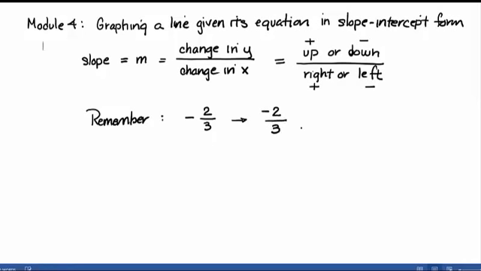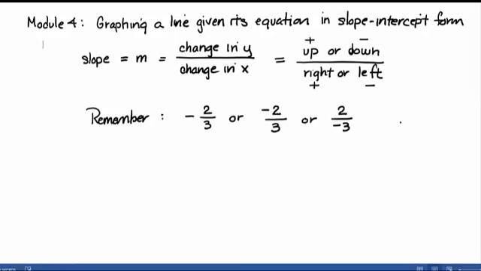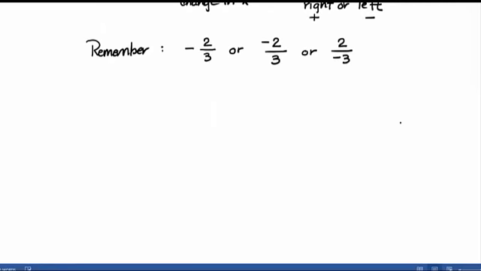So it could be negative 2/3, or positive 2/negative 3... these are all the same. They're all equivalent values. So if I have a negative fraction, I can put the negative number with my numerator or with my denominator. I can't do it with both.